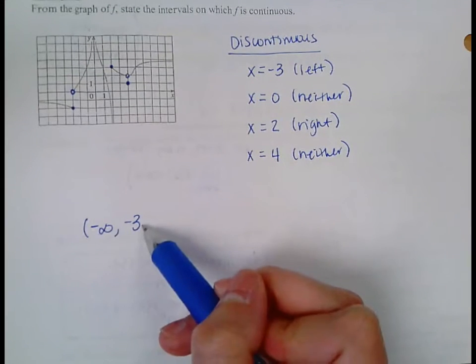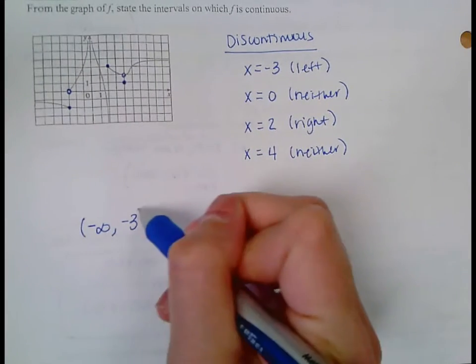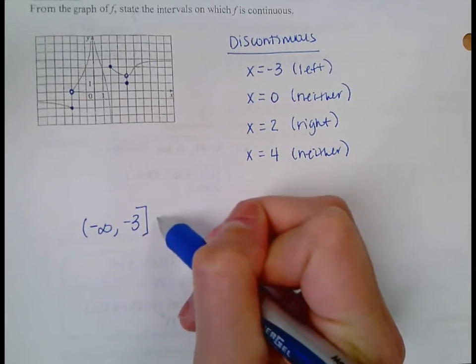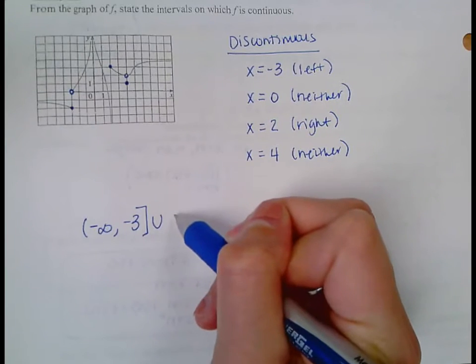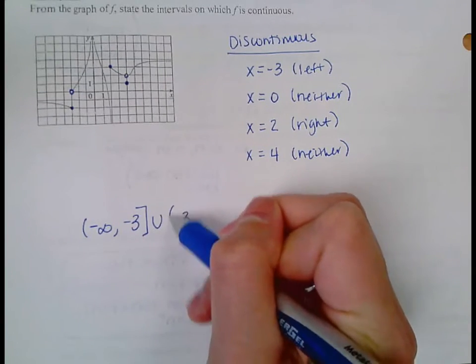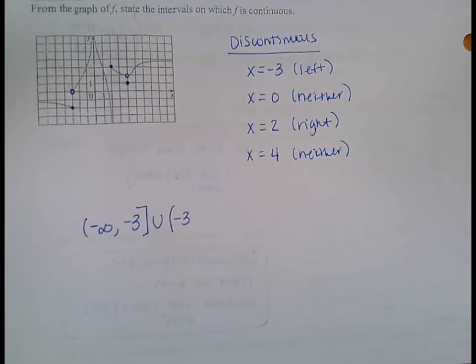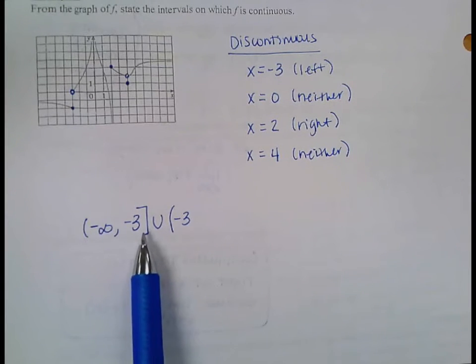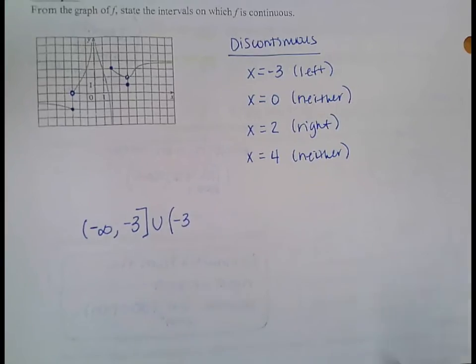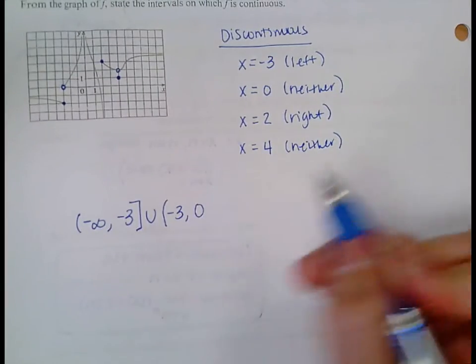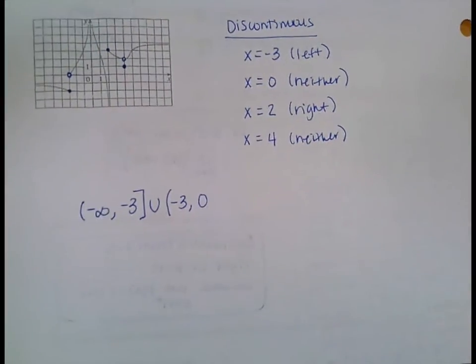So on this first interval, I should have a bracket and then the union symbol. The next interval is starting with -3, but should have a parenthesis because it's not continuous from the right. So this would show at -3, it is from the left, not from the right. So -3 up to 0, 0 is discontinuous on both sides.